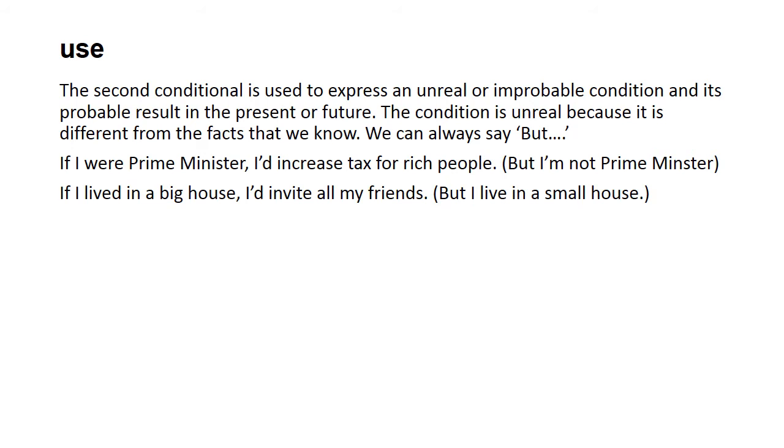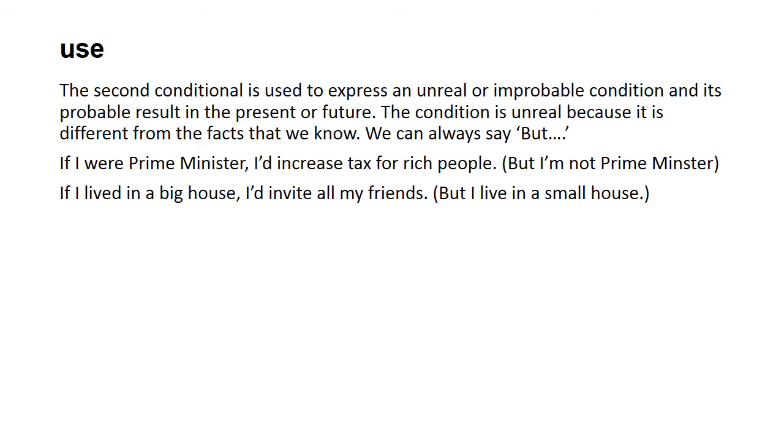The second conditional is used to express an unreal or improbable condition and its probable result in the present or future. The condition is unreal because it is different from the fact that we know. We can always say but.